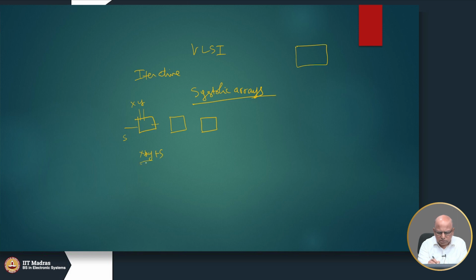It multiplies x and y, and adds to s. If I make this a major element, then I may be able to do things like matrix vector multiplication. So, you can read about systolic arrays and you will realize that because they are so regular, testing them may be somewhat easier. We can use that same property.